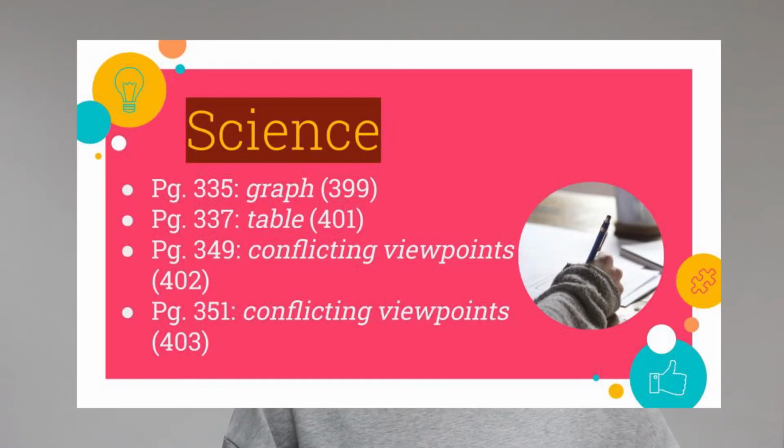Questions will include looking at graphs, tables, charts, and the data representations in those, as well as research summaries. Those are usually at the end of the science section. It's also called the conflicting viewpoints. The science test will include content from biology, maybe chemistry, earth and natural science, and physics.